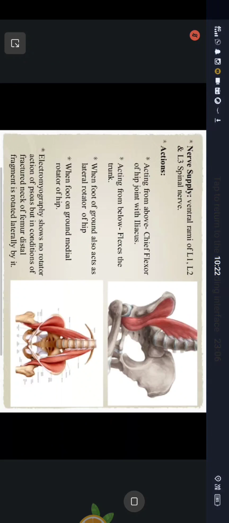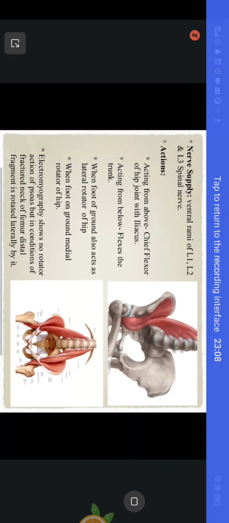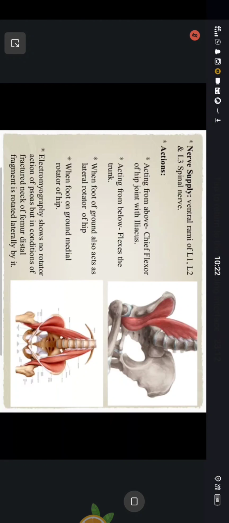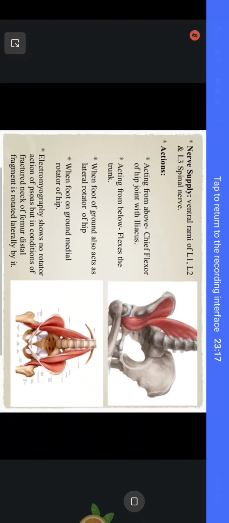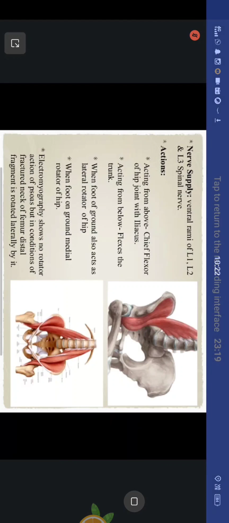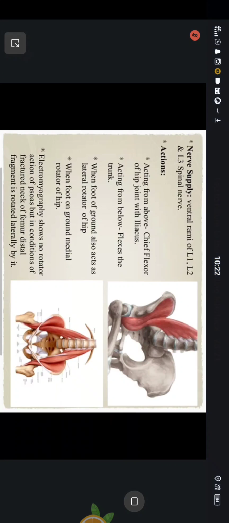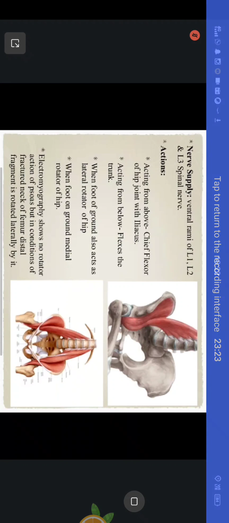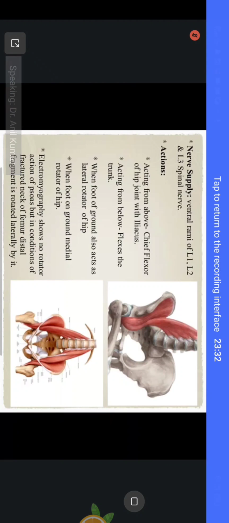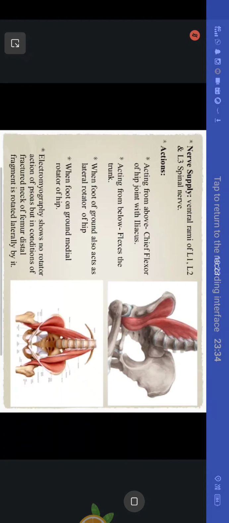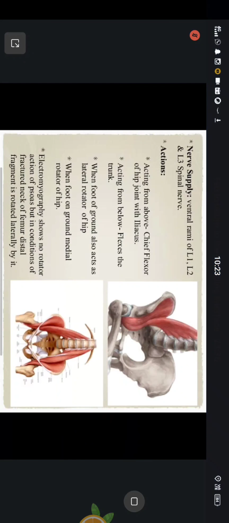Can anyone say what happens if these two muscles are weakened? How will the posture of a person be? You might have seen it at your home, in older people. Erect posture is maintained mainly by these two muscles, iliacus and psoas major, along with the other muscles of the vertebral column.